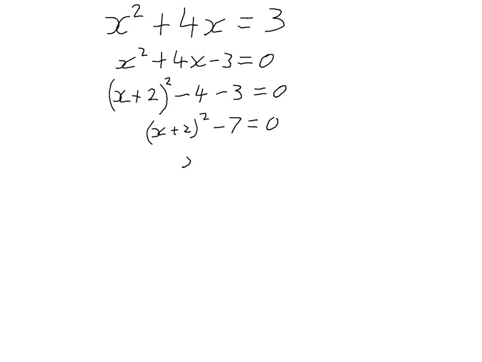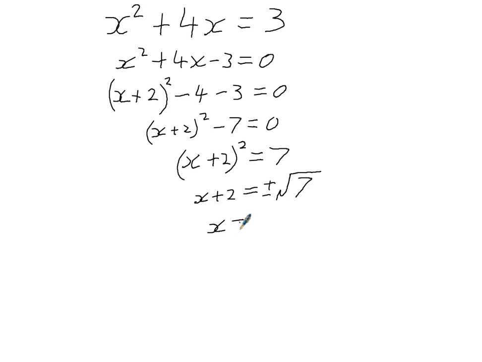So now what we can do is move the 7 across and we can actually solve this now. Take the square root. Now, if you remember from our work with the quadratic formula, there could be 2 possible roots to the square root of 7, so we need to do plus or minus.